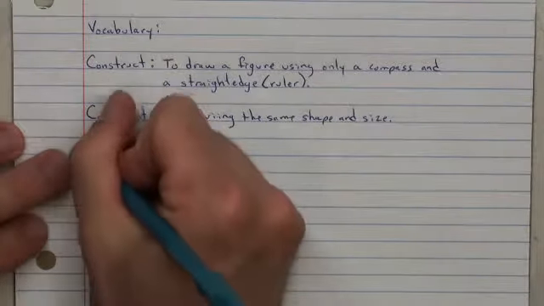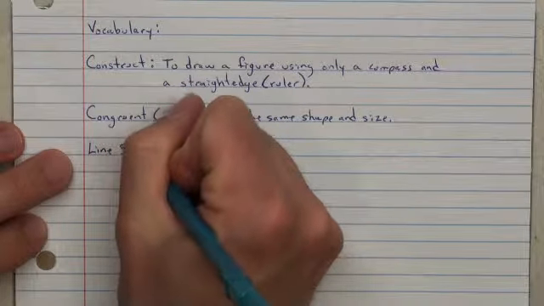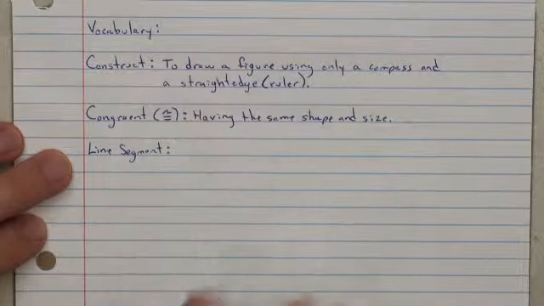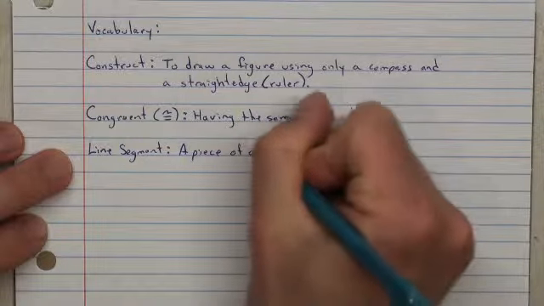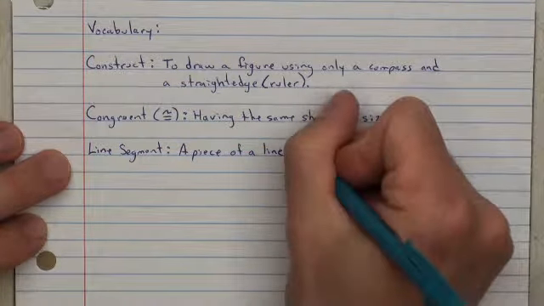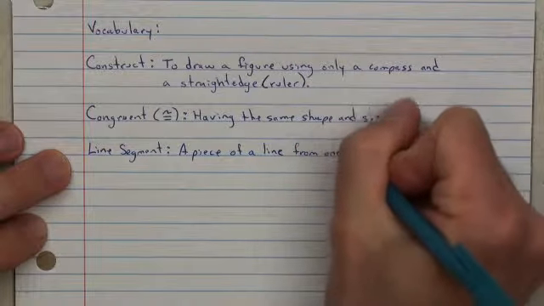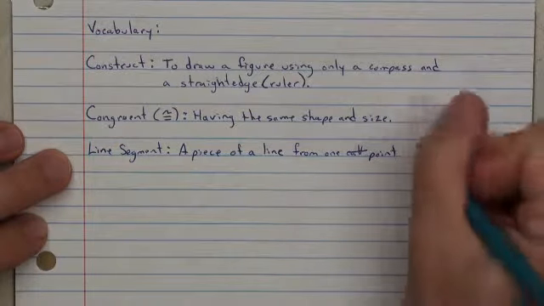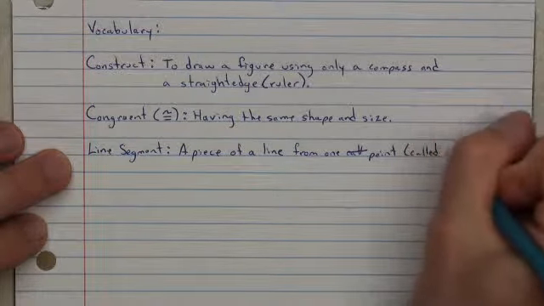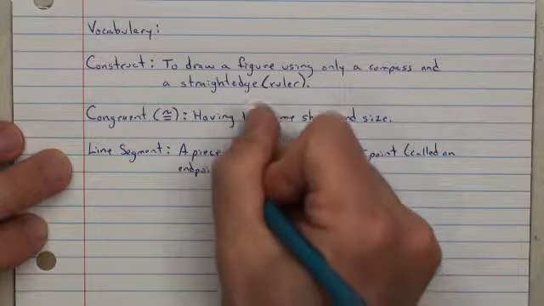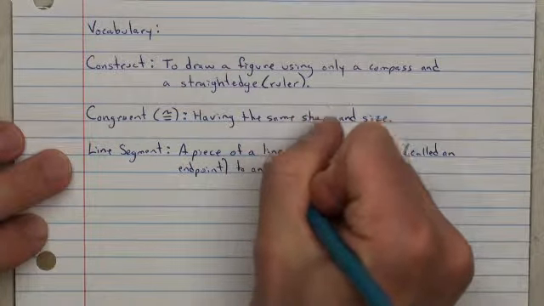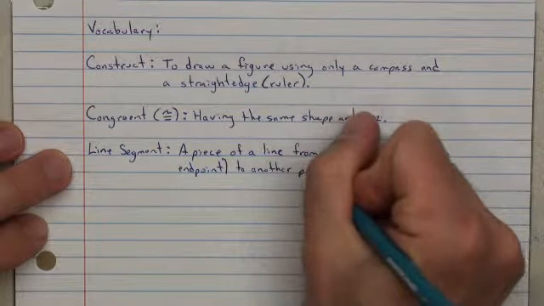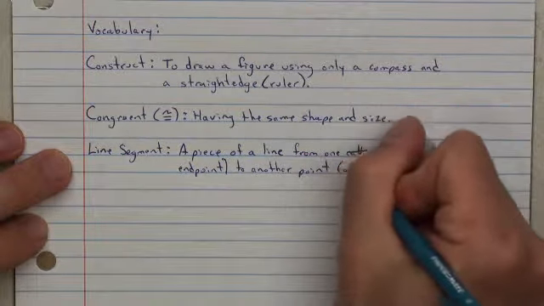Now we have line segment: a piece of a line from one point, which in parentheses is called an endpoint, to another point, okay, also called an endpoint.